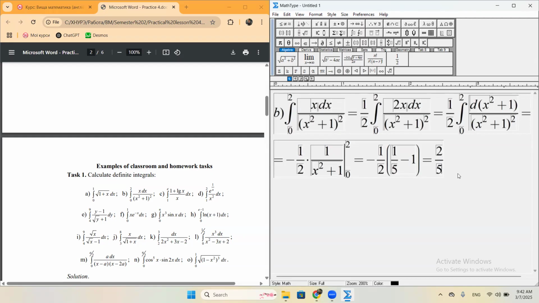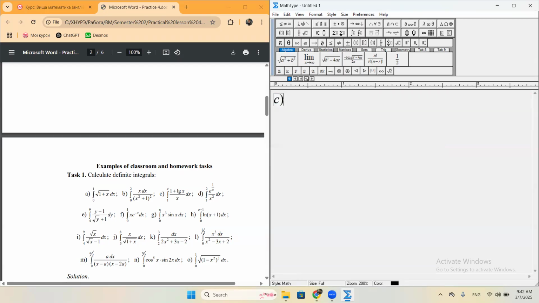No. If no questions, let's move on. C. The following integral from 1 to e, 1 plus logarithm of x, but that's not the natural logarithm, but the decimal logarithm. So pay attention to it.